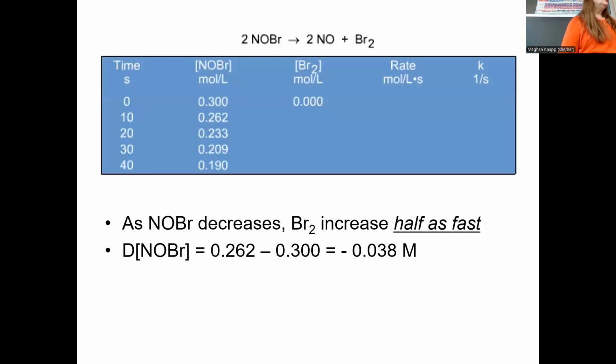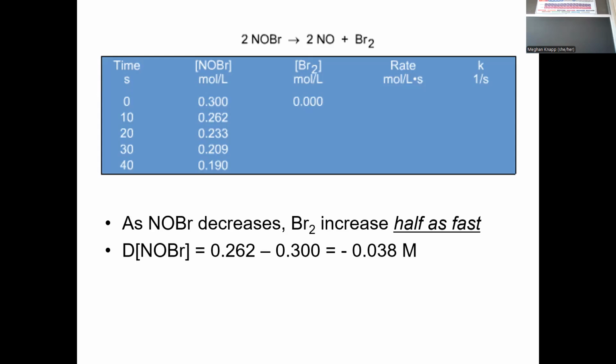Okay, so let's take a look at a reactant here and some different stoichiometry. So we have 2 moles of NOBr at the top, and it's going to break apart and form 2 moles of nitrogen monoxide and 1 mole of bromine gas. So remember, bromine is one of our diatomics. Those are the elements that get together in pairs in their normal state.